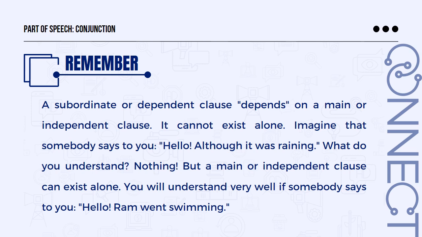Okay, here. Remember, a subordinate or dependent clause depends on a main or independent clause. It cannot exist alone. Imagine that somebody says to you, "Hello, although it was raining." Diba? Walang thought. What do you understand? Nothing. But a main or independent clause can exist alone. You will understand very well if somebody says to you, "Hello, Ram went swimming."